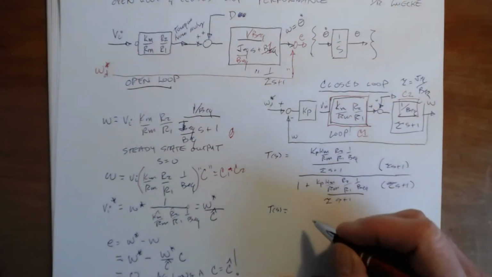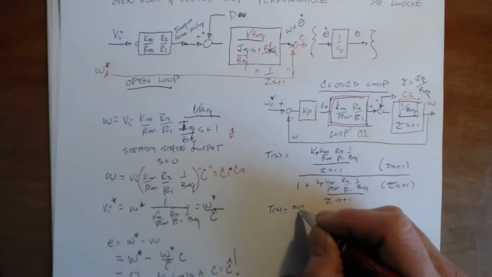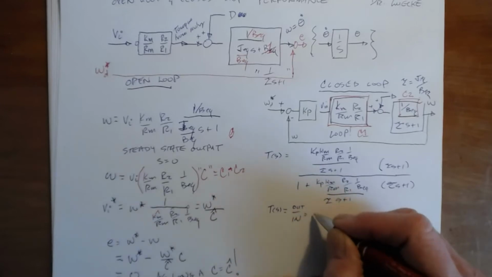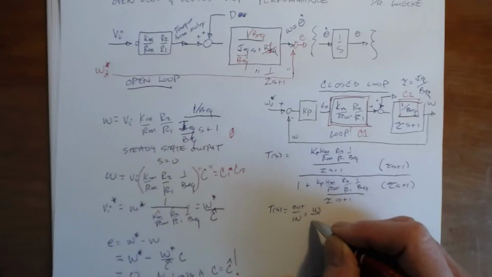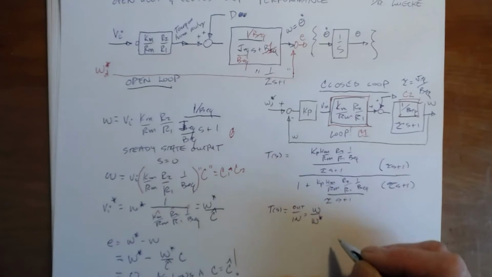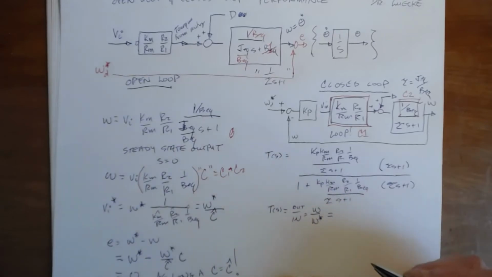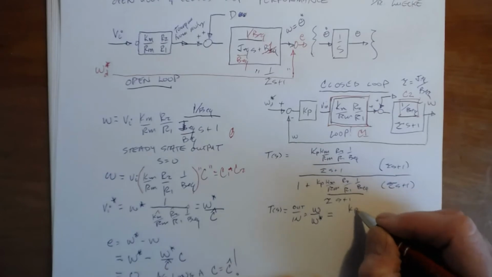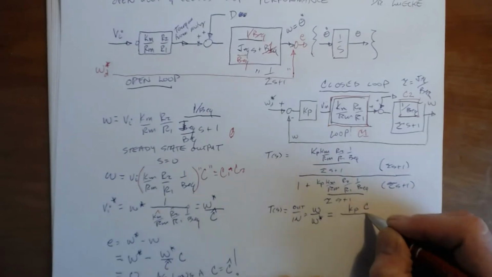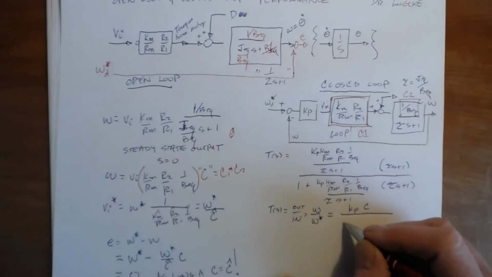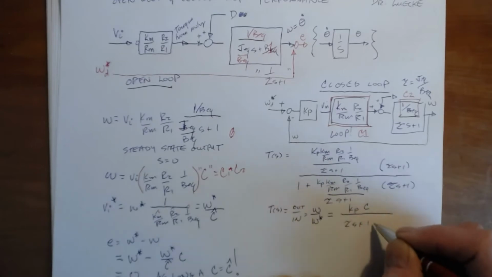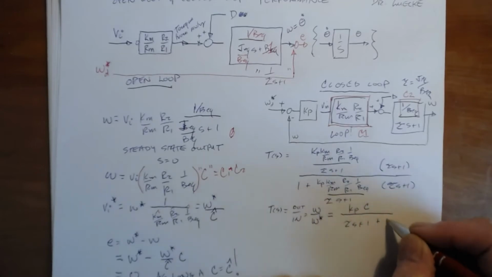In this case, the transfer function is the output over the input, where the output is omega and the input is omega star, the desired one. And that transfer function is going to be Kp times C over tau S plus 1 plus C Kp.